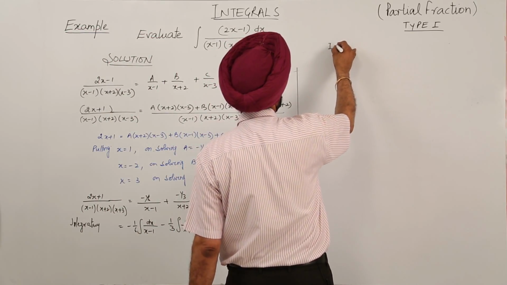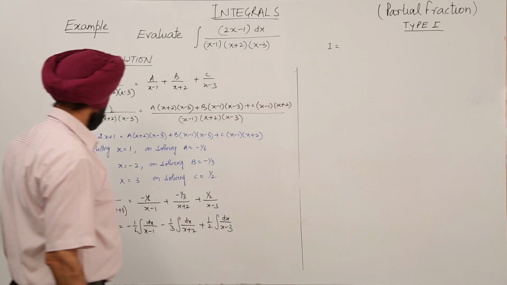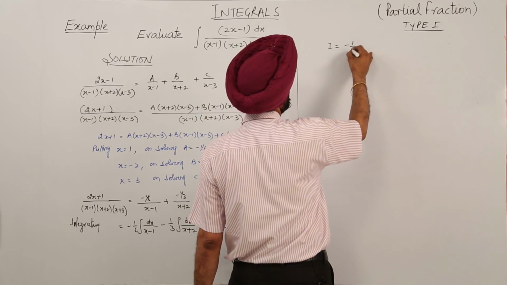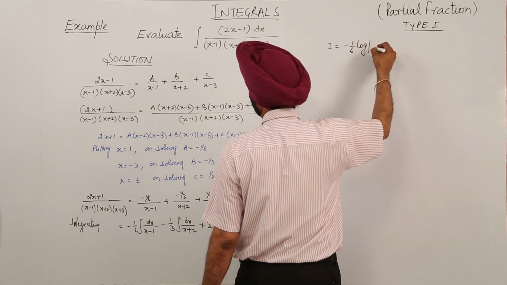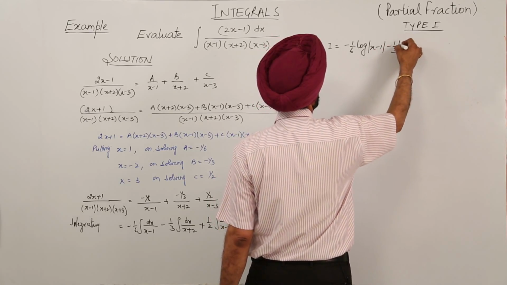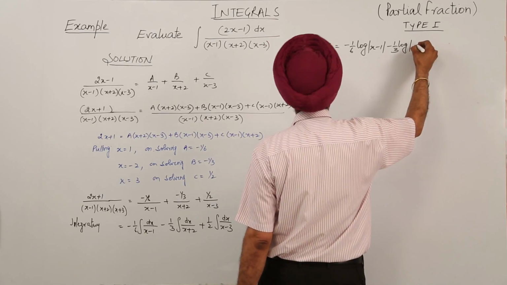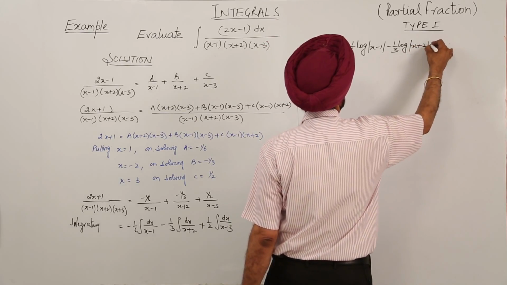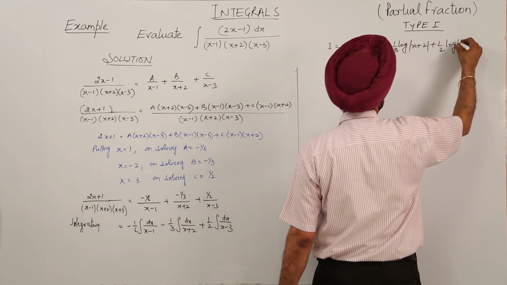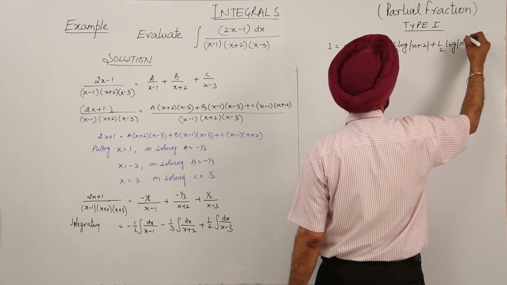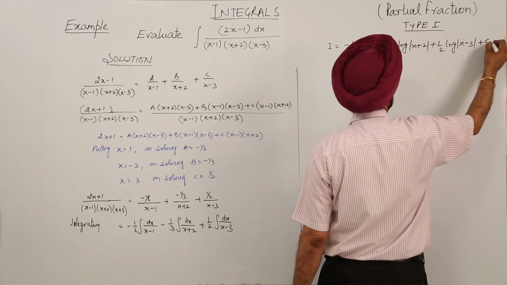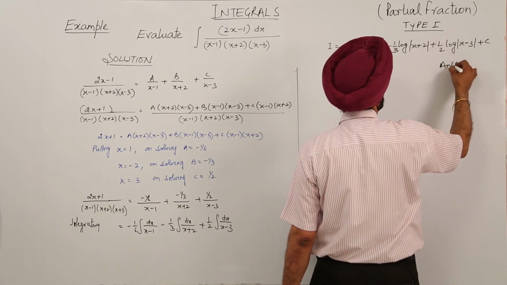The answer will be minus 1 by 6 log of x minus 1, minus 1 by 3 log of x plus 2, plus 1 by 2 log of x minus 3, plus c. This is the answer.